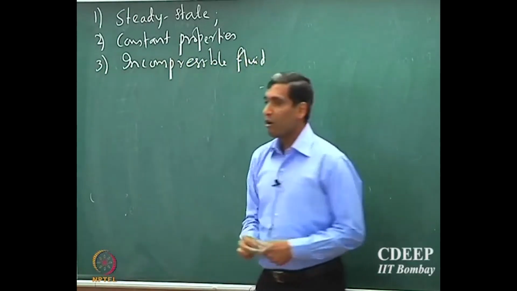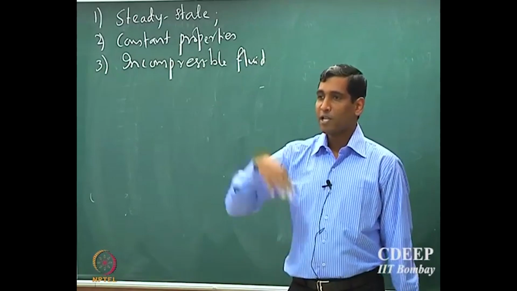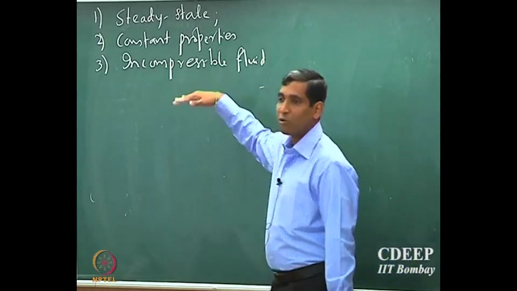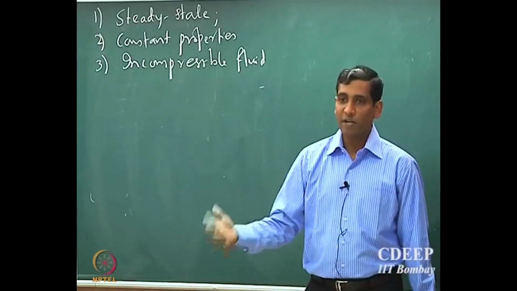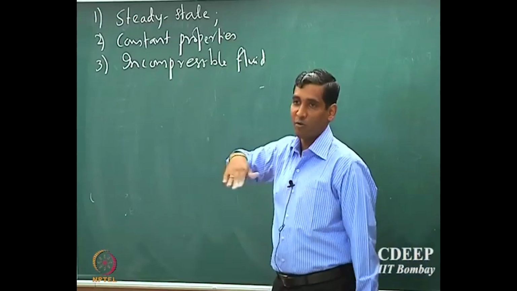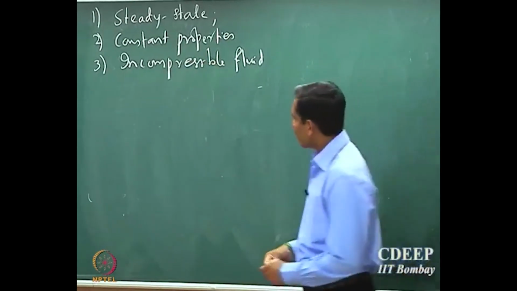We will not deal with compressible fluids in this course. There is an advanced transport course, so issues related to compressible fluids and their quantification would be dealt with in that course. In this course we will assume that all the fluid is incompressible.